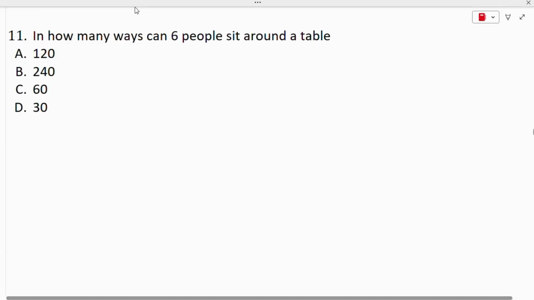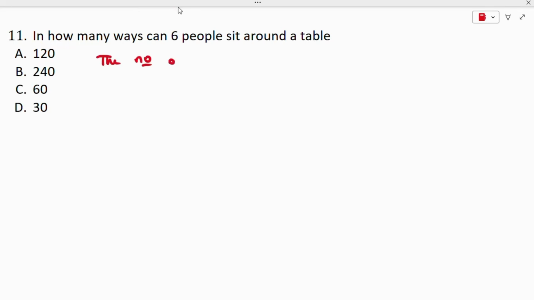Question 11 says, in how many ways can 6 people sit round a table? Now we know that the number of ways is given as n minus 1 factorial. So this is the formula if you have to find the number of ways.